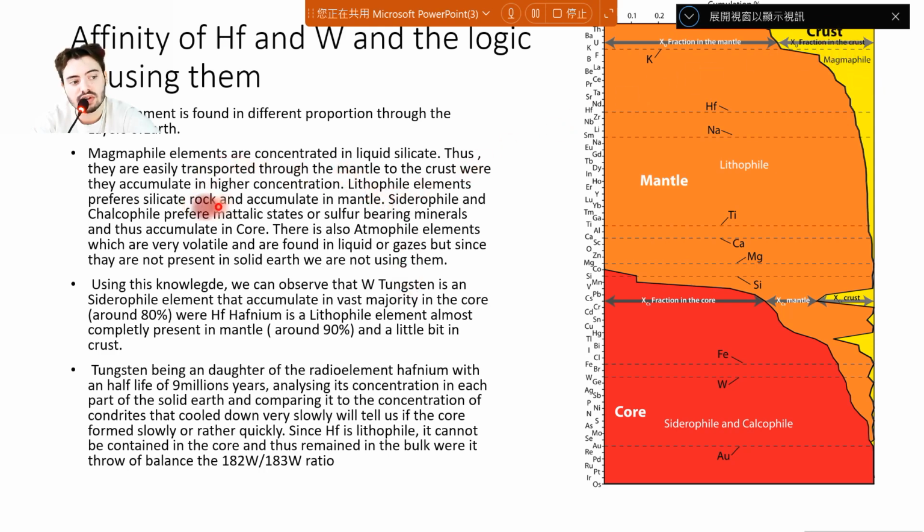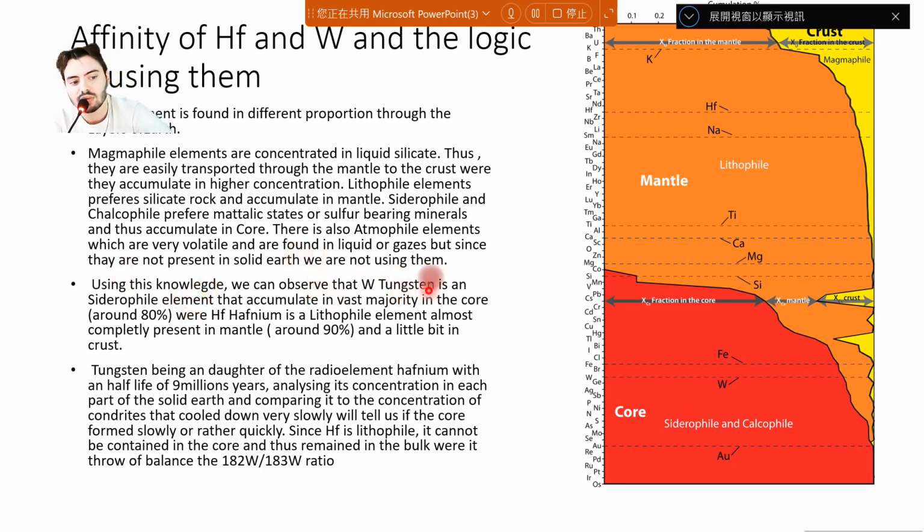Lithophile elements prefer silicate rocks and accumulate in the mantle. Siderophile and chalcophile elements prefer metallic states or sulfur-bearing minerals and thus accumulate in the core. There are also atmophile elements, which are very volatile and are found in liquids or gases, but since they are not present in the solid Earth, we are not using them.